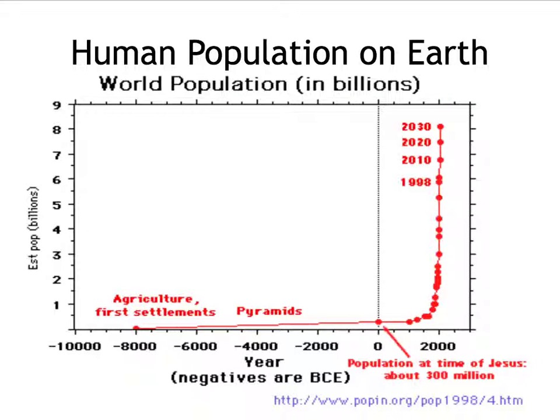Here we have the human population on Earth, and we see that human population has grown exponentially over the past couple of hundred years, mainly because medicine and different things have allowed us to live longer and to reproduce at an increasing rate.